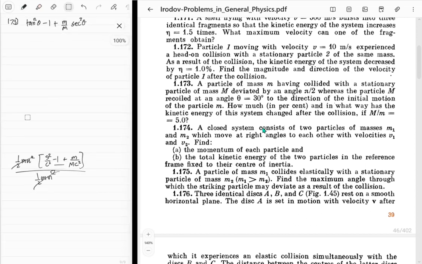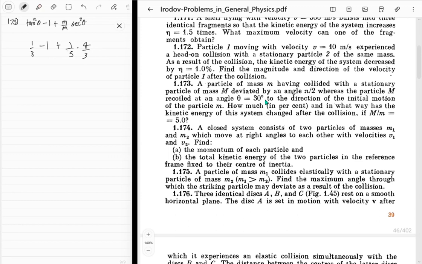Okay, and now let's calculate this thing. So what is theta? It's 30 degrees. So tan squared theta is going to be 1 upon 3. 1 upon 3 minus 1 plus small m upon capital M, which is going to be 1 upon 5. And then secant squared theta is, I think, 4 upon 3.